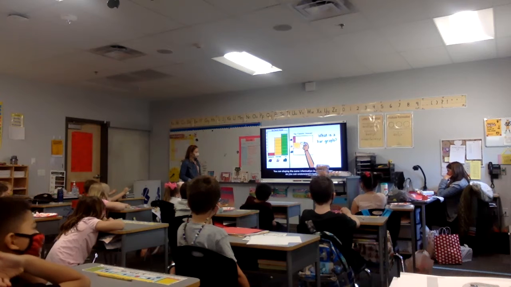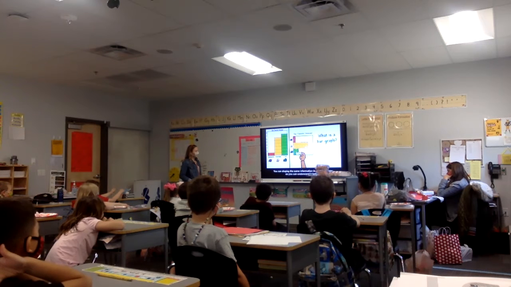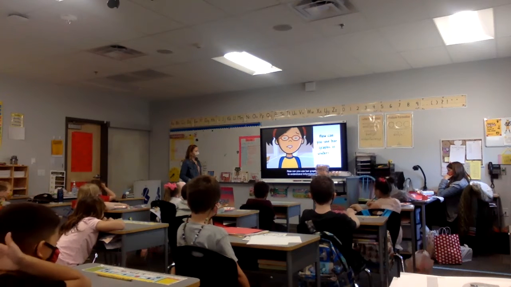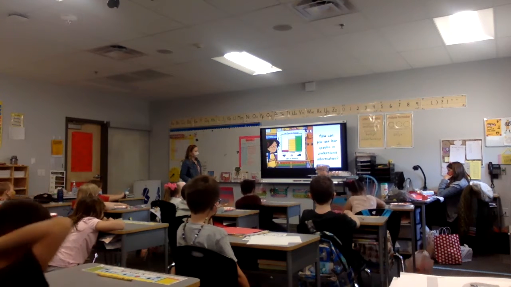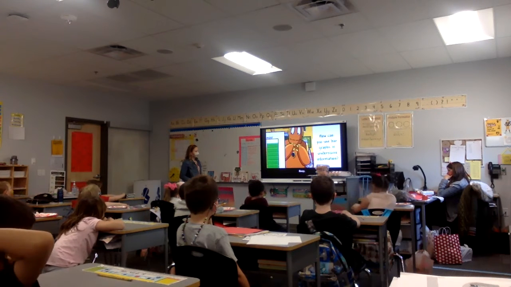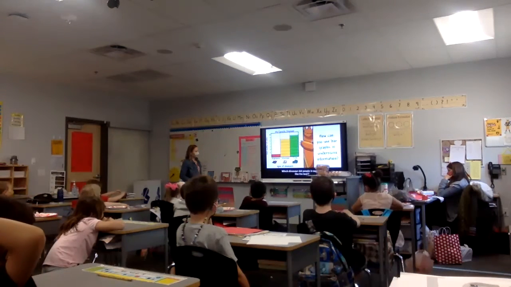You can display the same information in a different way so you can understand it better. How can you use bar graphs to understand information? Bar graphs help you answer questions. Which dinosaur did people in our class like the best?